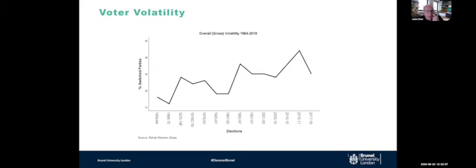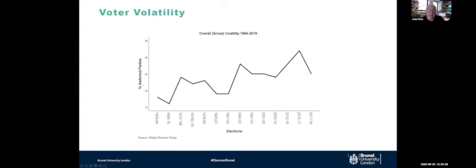So this is data again from the British election study, and it compares how people voted in 2 elections. So for example here, how did you vote in 1959, and then how did you vote in 1964, and all the way up to 2019. And what this captures is the proportion of people who changed parties, who voted for one party in one election and another in the next.